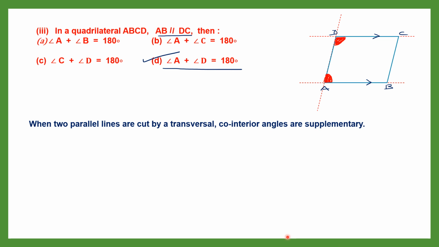Angle A and angle D are both co-interior angles. So they will be supplementary. You can also call them interior allied angles. So co-interior angles or interior allied angles, they are supplementary. So they will add up to 180 degrees.